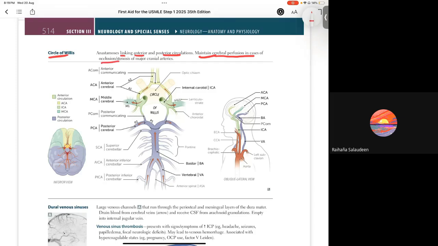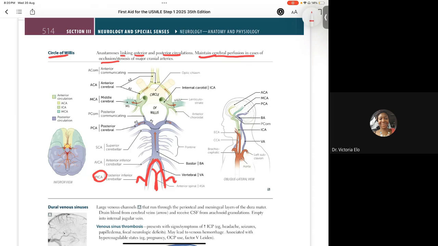So you can see these are your vertebral arteries, your anterior spinal arteries. And I just told you in some cases the PICA would arise from the vertebral arteries. In some individuals it may arise from the basilar, but in some individuals it can arise from the vertebral.